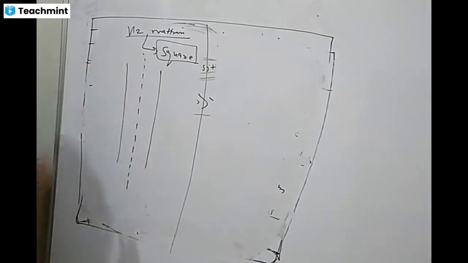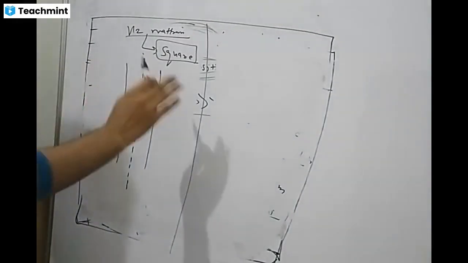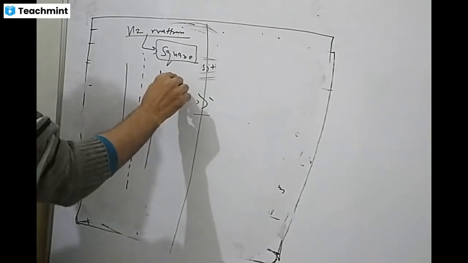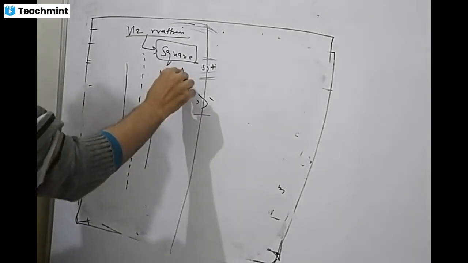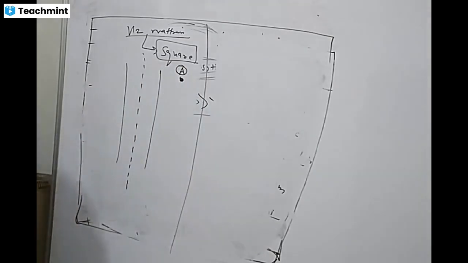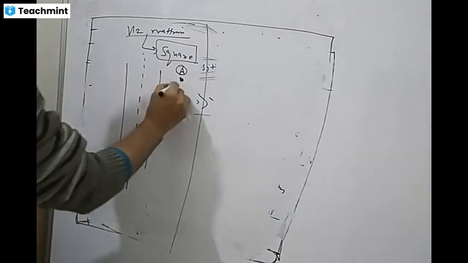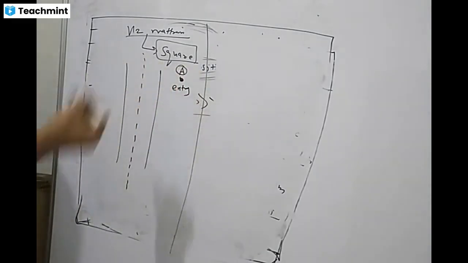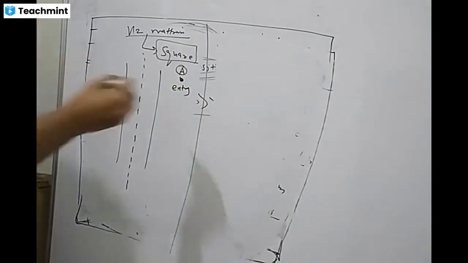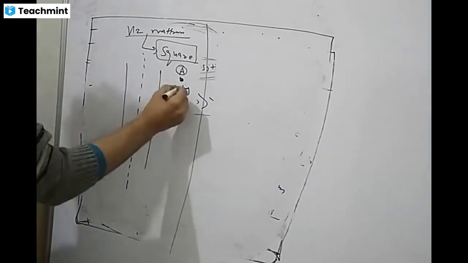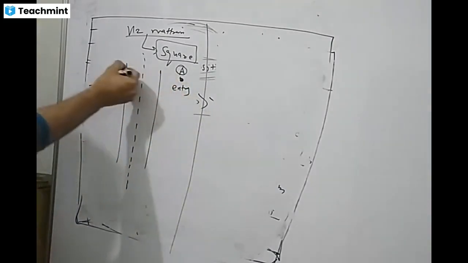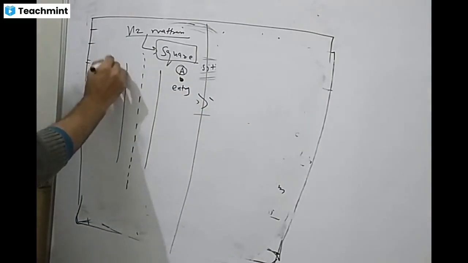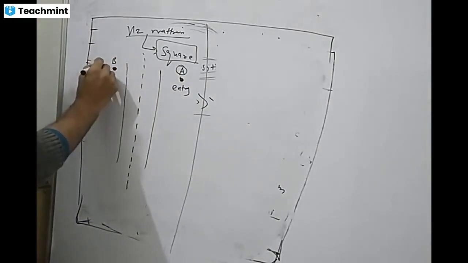These two are edges. We start from this point A. From this point there is entry. After entry we cross the incision line. Then we exit at point B.